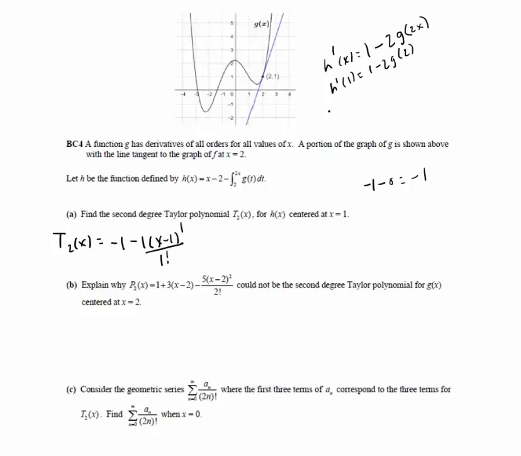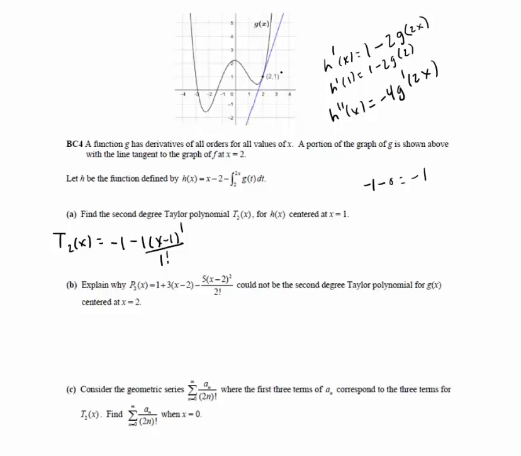All right. For the second derivative, derivative of 1 is 0, this will be chain rule again, so this will be negative 2 times the derivative of the inside is 2, which gives you negative 4, g prime at 2x. Plug in 1, you get g prime at 1. Well, this is a graph of g. How do I get derivative off a graph? Is slope of the line.